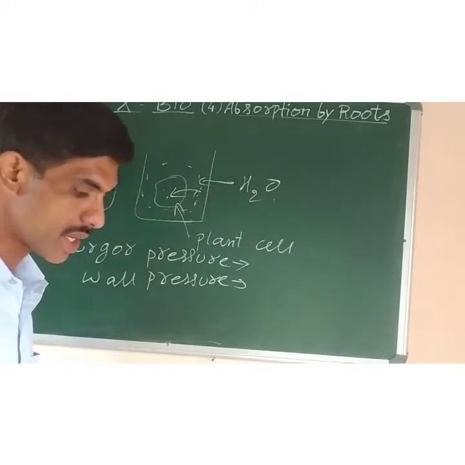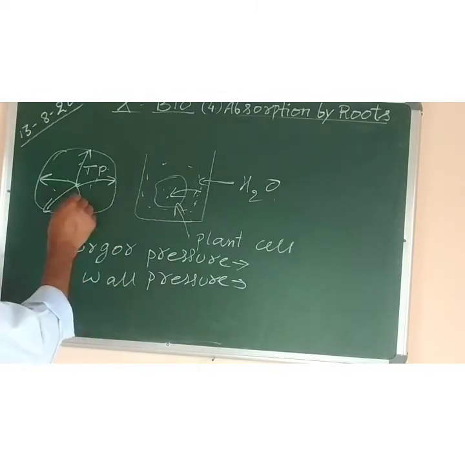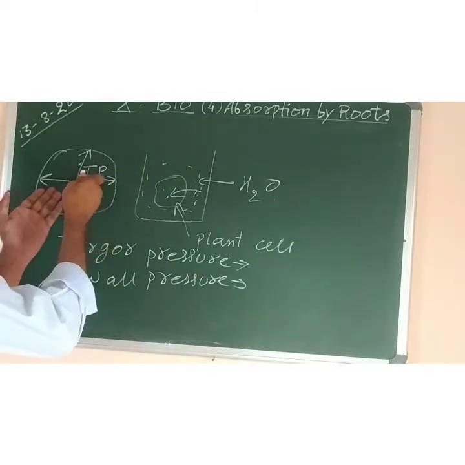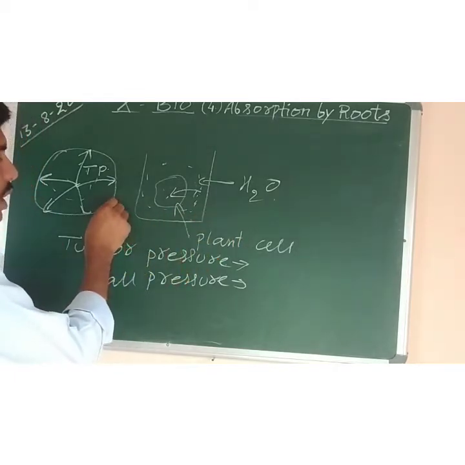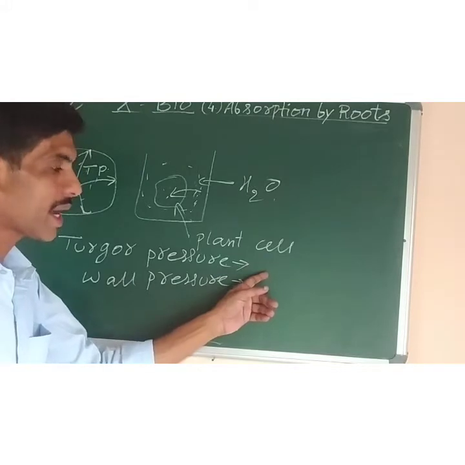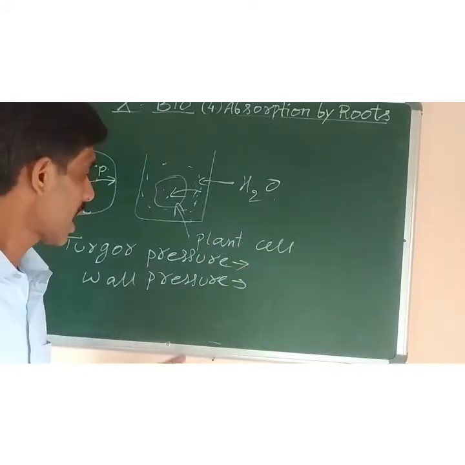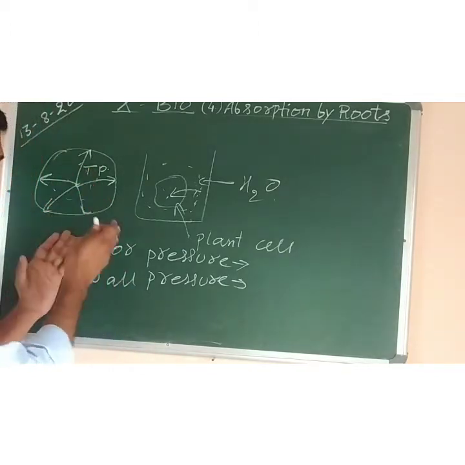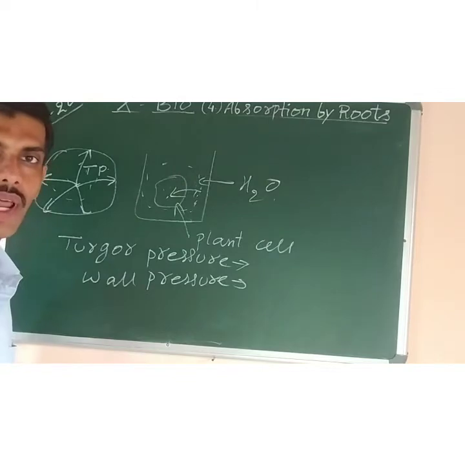So what is turgid pressure? The pressure exerted on the cell wall by the cell sap, because if it is filled inside, it will apply pressure on the boundary, that is, on the cell wall. So turgid pressure is the pressure applied on the cell wall by the cell contents or the cell sap. If turgid pressure keeps on increasing, what will happen?